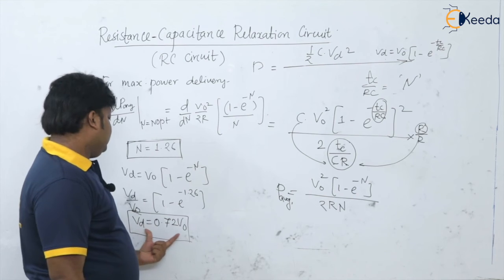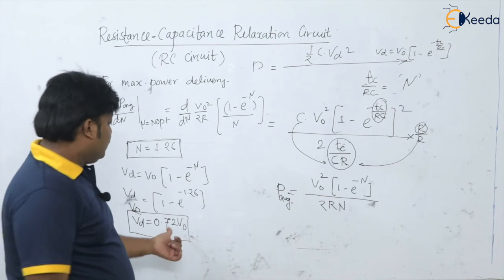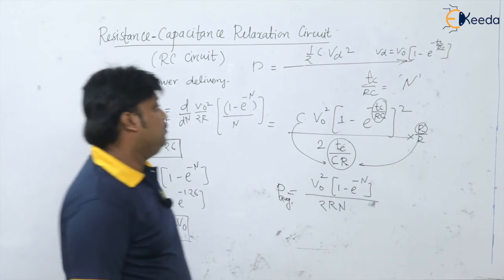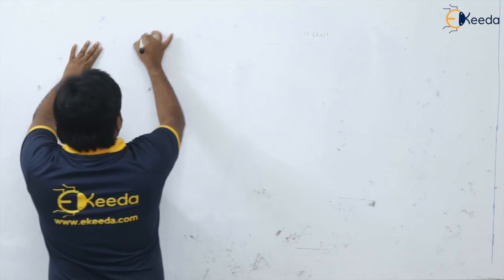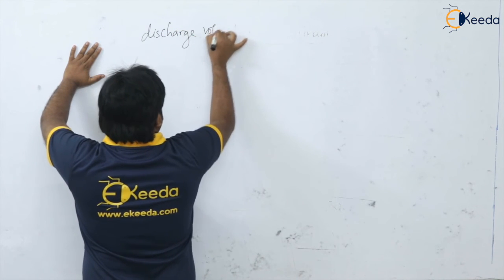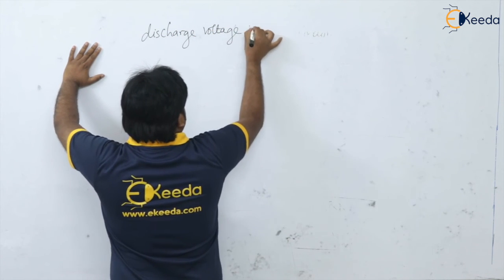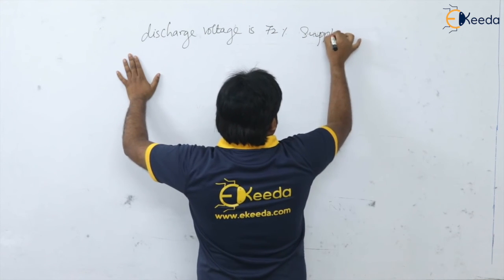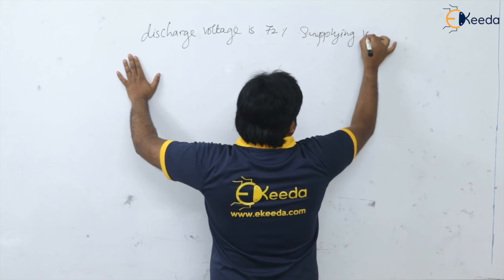The discharge voltage is how much? 72% of the supplied voltage. Please remember here, the discharge voltage is 72% of the supply or source voltage.